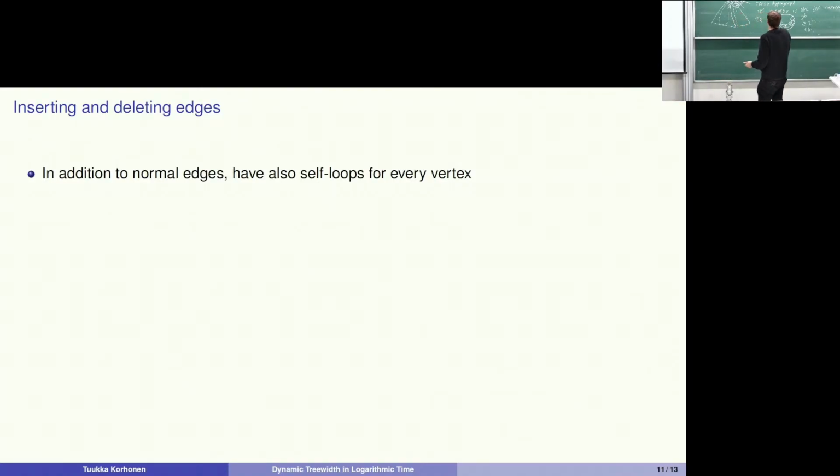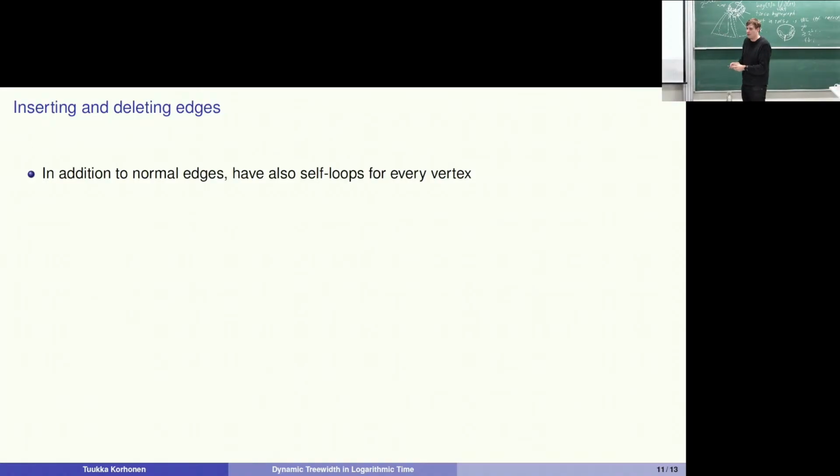Now I have to reveal that actually in the branch decomposition we don't have just the original edges, but we also have self loops. We have edges corresponding to just one vertex, which I call self loops, just to make things a bit nicer. These self loops basically don't do anything else, except they affect the boundaries maybe at some places.